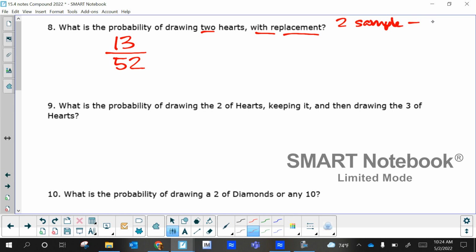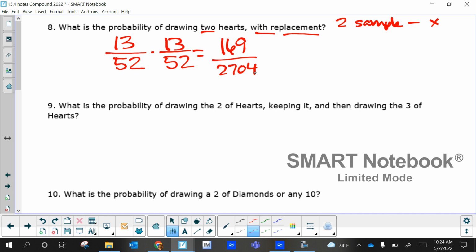So this is a 2 sample, so that means we're going to multiply. Now it says with replacement, so I'm putting it back in there. So once I draw my heart, supposedly I'm going to put it back in the deck of cards. So there's still 13 out of the 52. So what's 13 times 13? 169 out of 52 times 52, 2704.